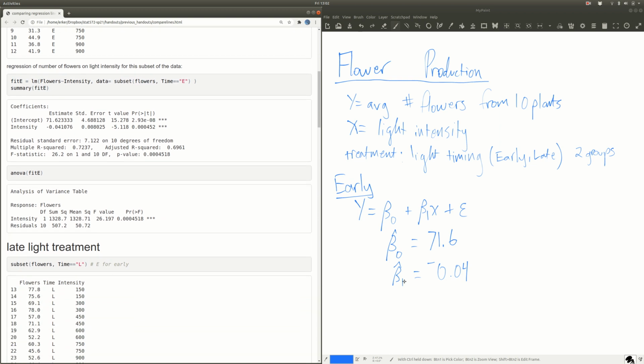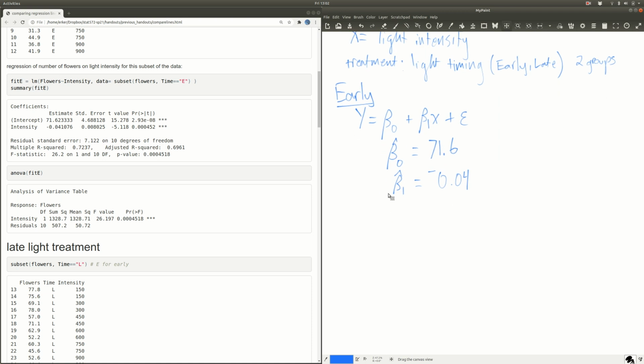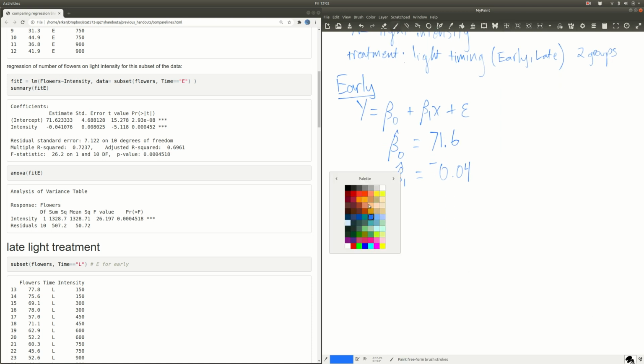For the late light treatment, let's go with a different color for late. For the late light treatment, so the plants that get the light late, we have a similar model, right? Let's go ahead and add an additional subscript here.